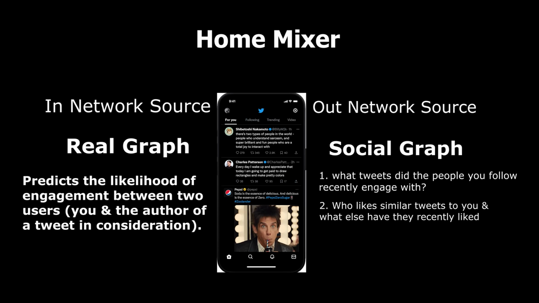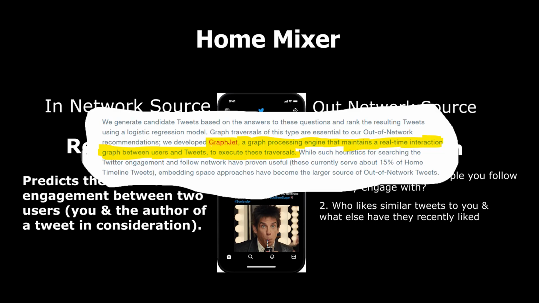So Twitter has to find a way to efficiently traverse the graph. Hence, Twitter had to create their own graph engine called GraphJet. GraphJet is basically a graph engine that maintains a real-time interaction graph between users and tweets in order to be able to execute such traversal as this.